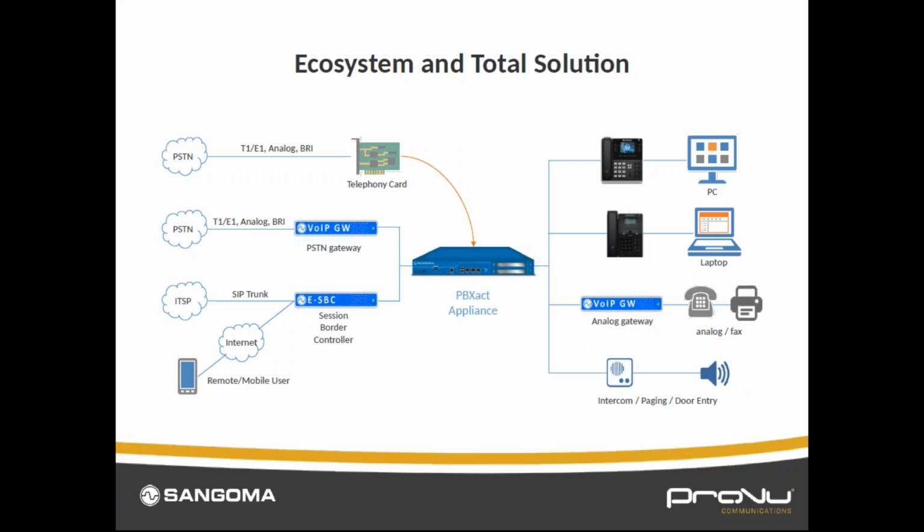If you decide, hey, I don't want a SIP trunk, but I prefer to have my legacy PSTN connection, maybe it's hard to move the numbers, maybe you're tied into a contract with that ISDN provider, maybe you only want to bring inbound numbers in through those PSTN connections, then using E1 or ISDN PRI or BRI or 2B plus D or analog connections, you can either use a standalone gateway, a Vega gateway, a VoIP gateway outside the appliance, or if you prefer, you can take a PCI Express board from Sangoma.